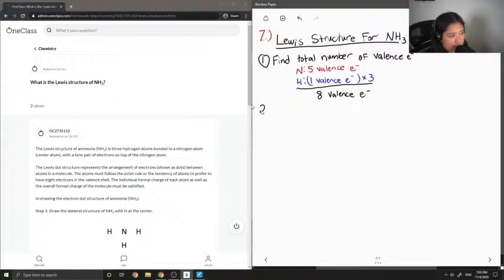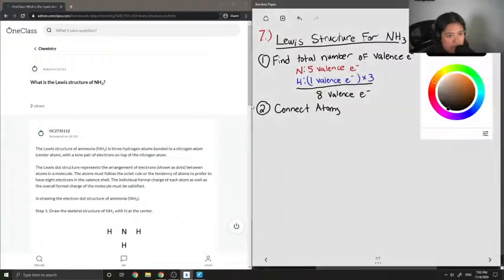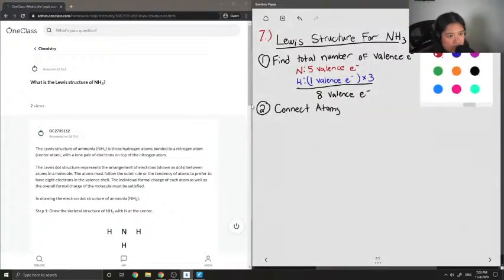Okay, so step 2 is just to connect atoms. So since we're given NH3, on the right here, I'm just going to draw my nitrogen. And then I'm going to draw out my 3 hydrogens.